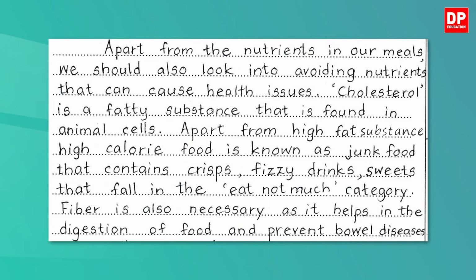Apart from high fat substance, high calorie food is known as junk food that contains crisps, fizzy drinks, sweets that fall in the eat not much category. Fiber is also necessary as it helps in the digestion of food and prevent bowel diseases. In this paragraph, there's information about unhealthy food as well as why one should eat healthy food.